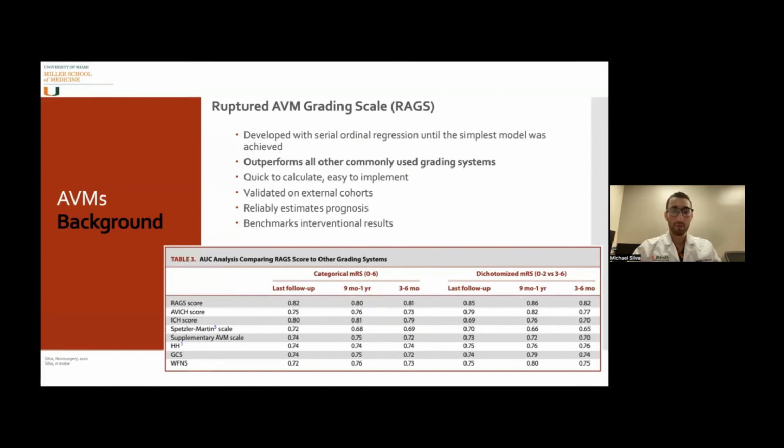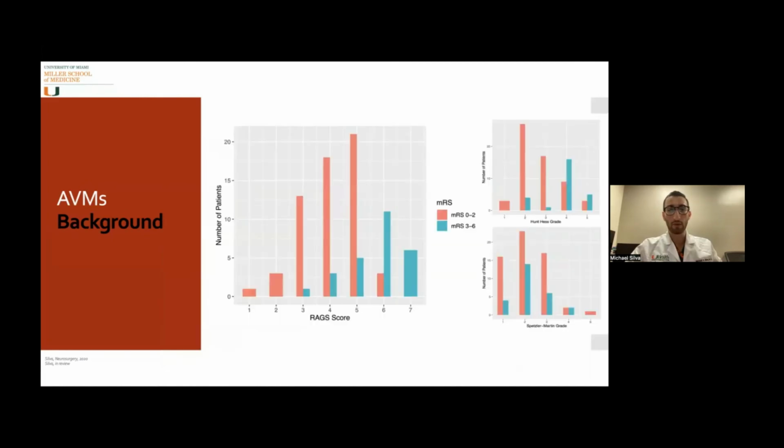This is the expected clinical outcome of a patient who presents with this particular exam and AVM characteristics. You can compare the results of a particular group or person's interventions with the expected recovery for a patient with this particular RAG score. That's another way to think about the RAG score.